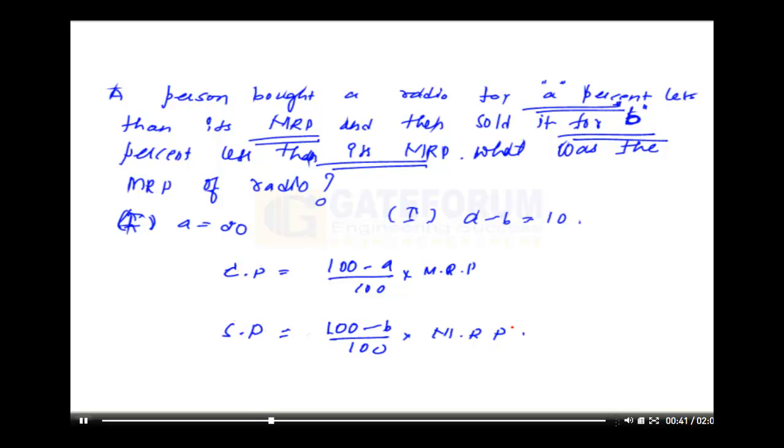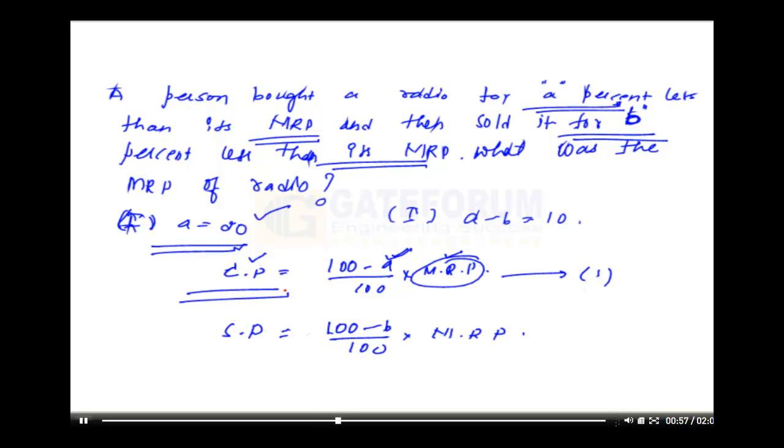Now let us look into statement 1. A is 20. In equation 1 there are three variables: MRP, A and cost price. From statement 1 we know the value of A. In order to find MRP we have to know the value of cost price, and we don't know the cost price, so we cannot answer by statement 1 only.